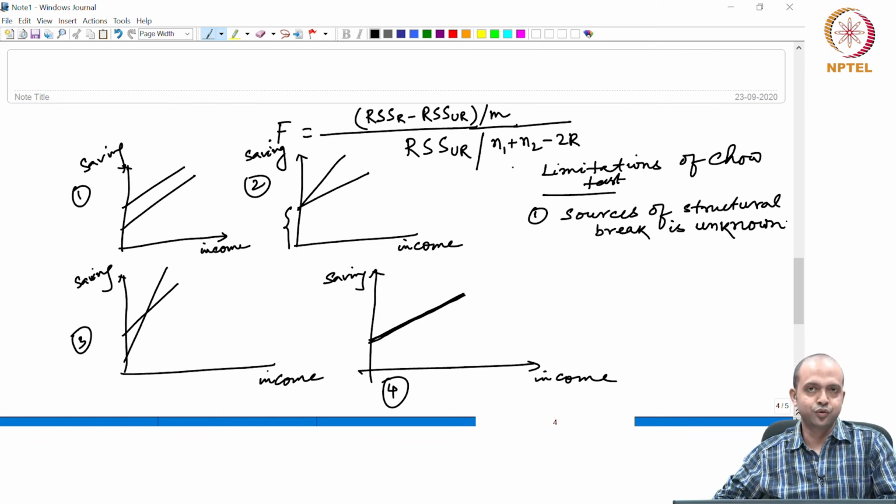We do not know whether the change is due to slope or intercept or both.